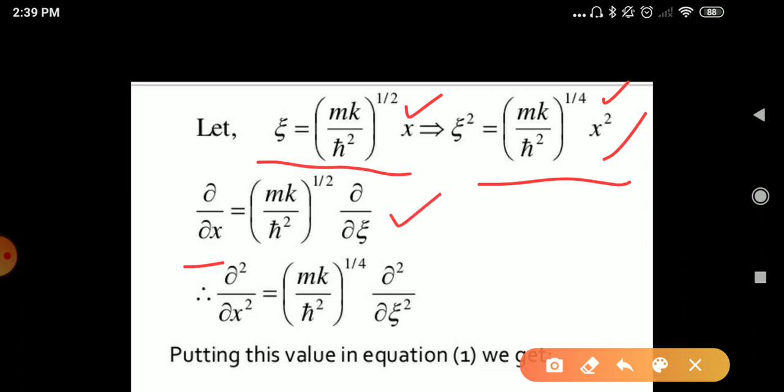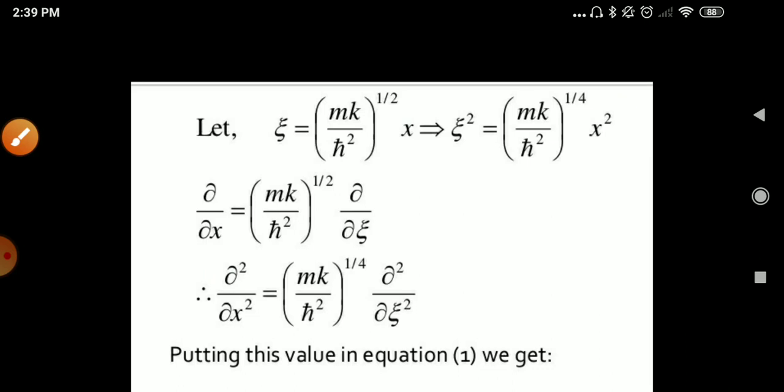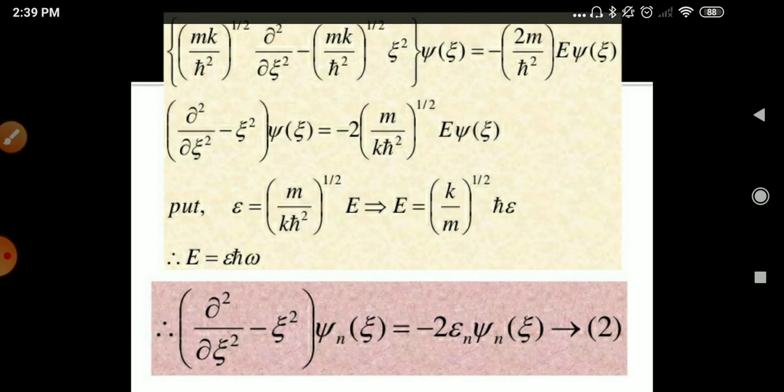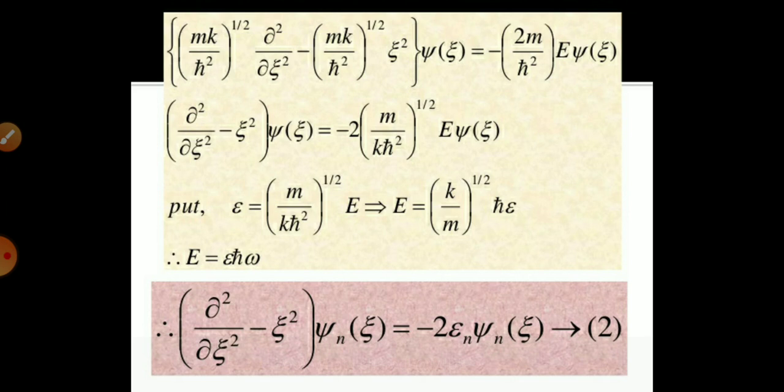Now we can put the value of del square by del x square equals (mk by h square) to the power 1 by 2 del square by del epsilon square. Putting this value in equation 1, we will get (mk by h square) to the power 1 by 2 del square by del epsilon square psi(epsilon) minus (mk by h square) to the power 1 by 2 epsilon square psi(epsilon) equals minus 2m by h square E psi(epsilon).